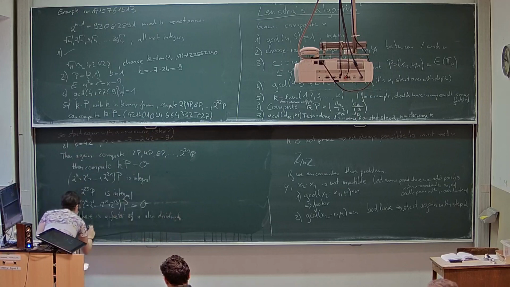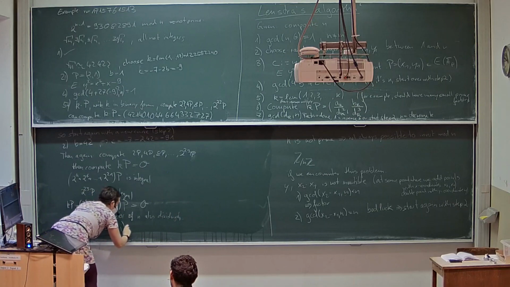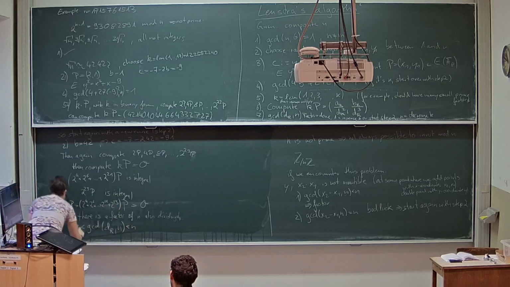So this means when we compute the GCD of dk and n, this is between n and 1. And this is our factor.